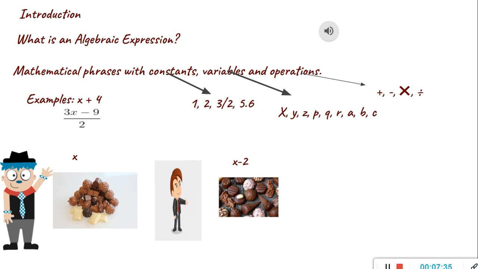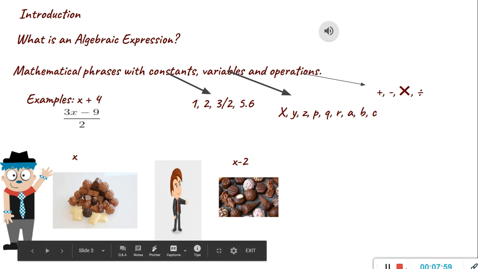Okay. Now one important thing to be noted here: when I say that an expression should contain constants, variables and operations, it is not mandatory that an expression must contain all of these. So you have something like this, x. So x is also an expression. It doesn't have any operation. It doesn't have any constant. But do you think it's an expression?